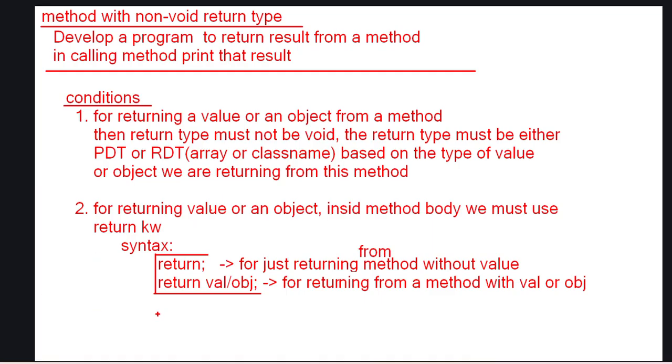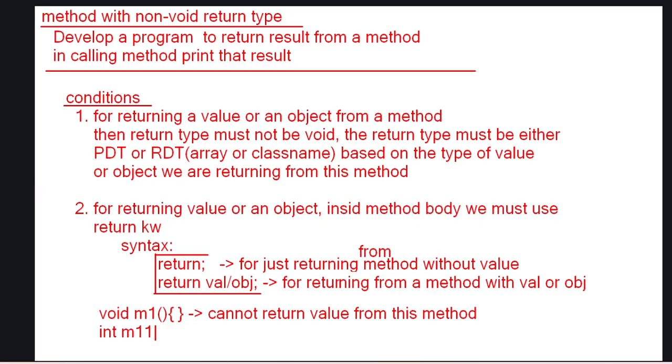Tell me now. Here I am writing, for example, void m1 open bracket closed bracket, cannot return a value from this method. Int m1, what can it return? Which value can it return? Int type or a lesser type value.